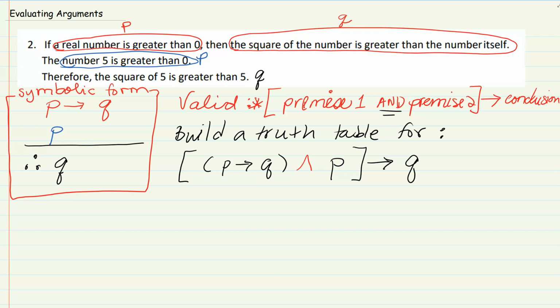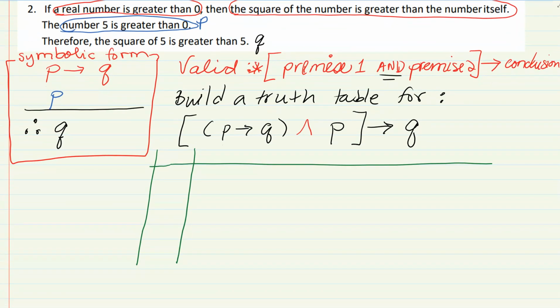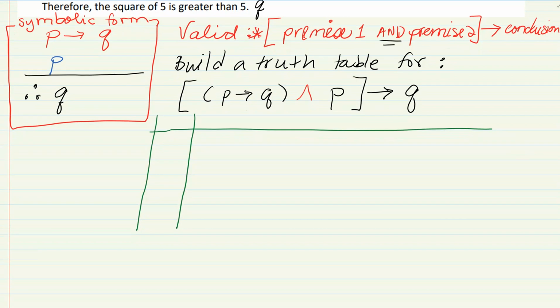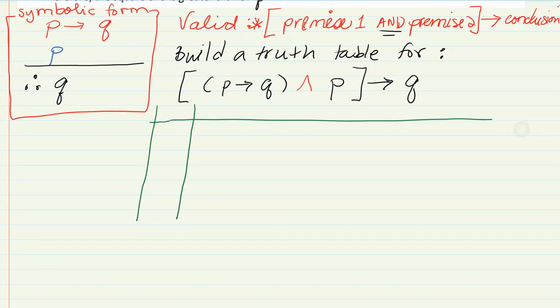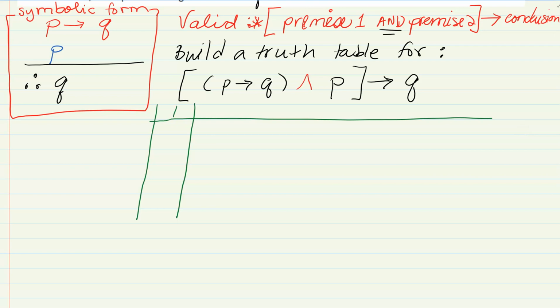So let's go and build a truth table. In this case, you have P and Q as your simple statements. So we want to list out the 4 choices in the truth table: true, true; true, false; false, true; and false, false.